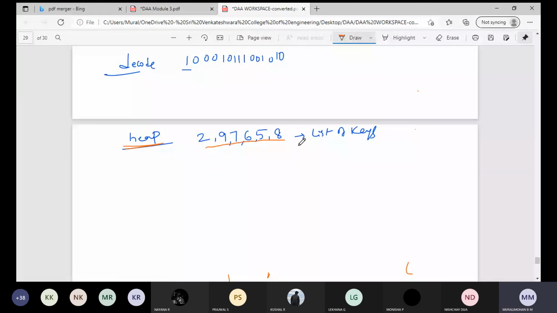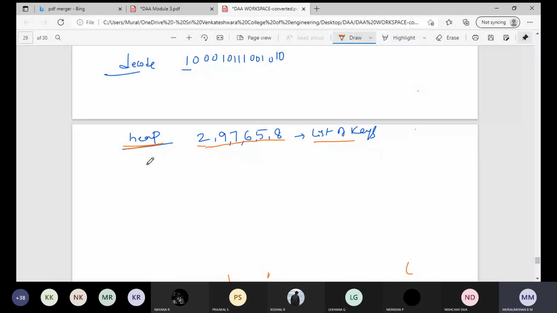No response. Can you respond, please? Which screen are you seeing? Heap, sir. Heap, right? Yes, the same which I am writing here. Is it visible for you?